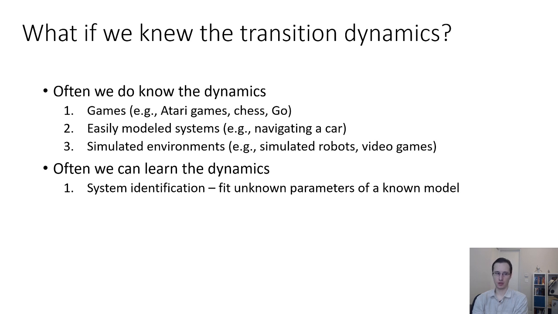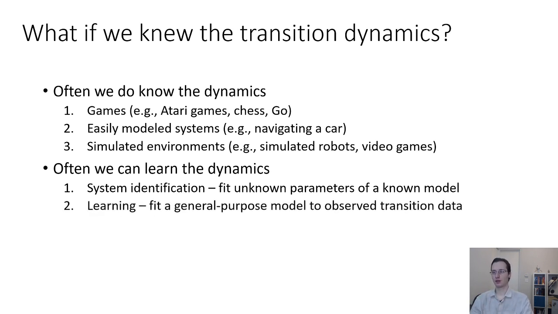So for example, if you know that your robot has 4 legs, and you know roughly how long those legs are, but you might not know their masses and motor torques, system identification deals with the problem of fitting those unknown quantities to your known and well-modeled scaffold. You could also fit general purpose models to observed transition data, and that is going to be the focus of many of the model-based RL algorithms that we'll cover in this course.